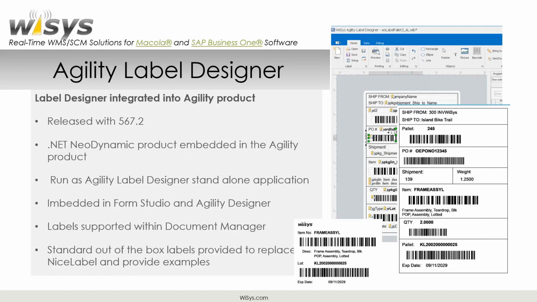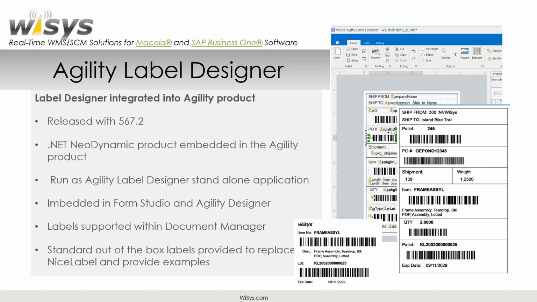So it's very deeply embedded into the Agility product, and of course it is supported in our Document Manager, so you can add all of the public, private, and whatever labels that you need for your environment to specify the particular labels for different customers, different items, whatever that happens to be.